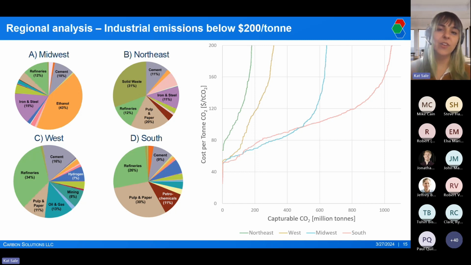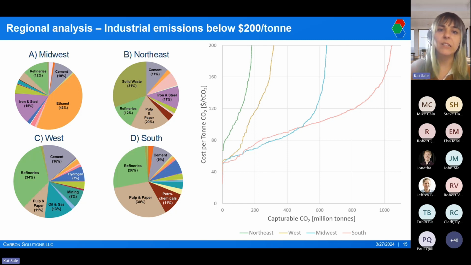In the Midwest, ethanol is a large majority at 43%, and in fact, 83% of all ethanol facilities in the US are located in the Midwest. In the West, refineries represent the largest portion of below $200 per ton CO2 at 34%, and in total, they account for 34 million tons of CO2.